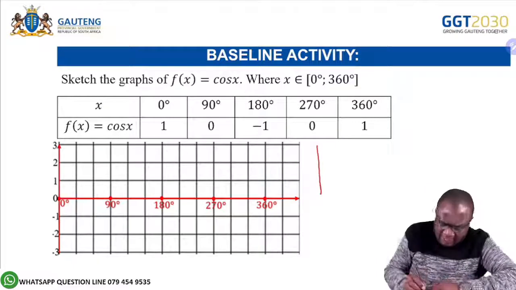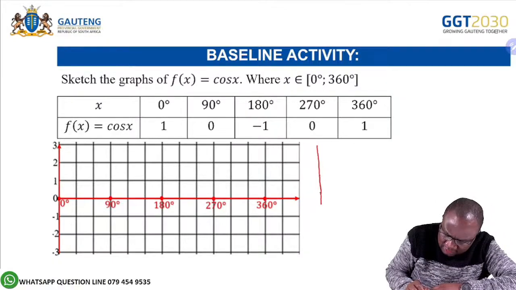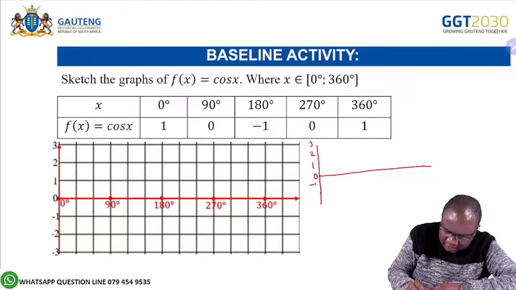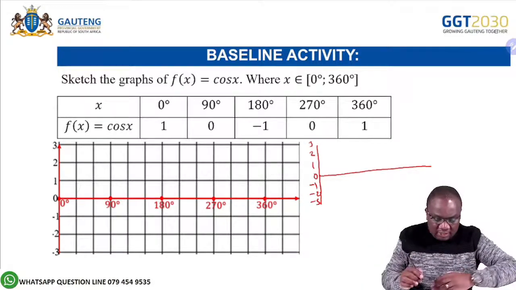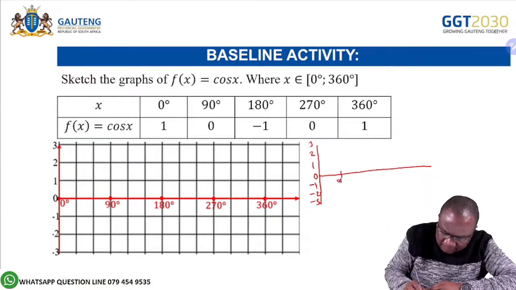Okay, right. And then we just need this. This is 0, 1, 2, 3, then negative 1, negative 2, negative 3. Make it bigger so that our graphs are neat. And then 0 degrees there, 90 degrees there, 180 degrees there, 270 degrees there, and 360 degrees there.